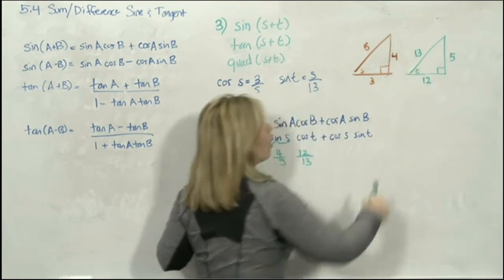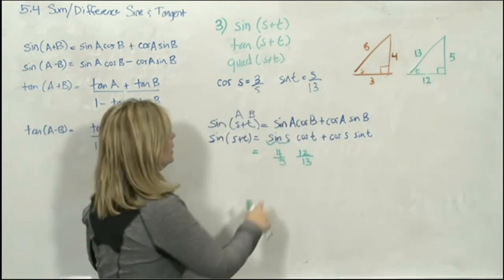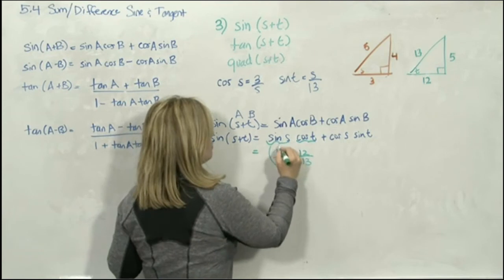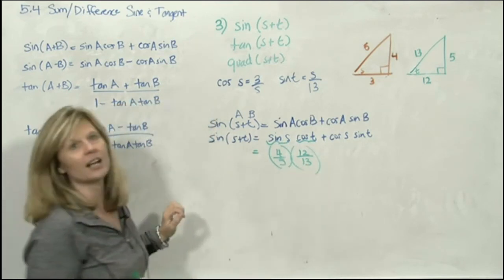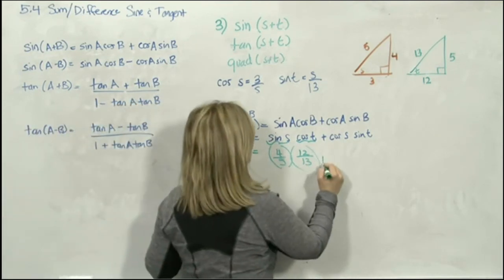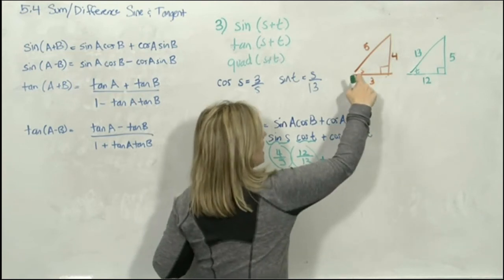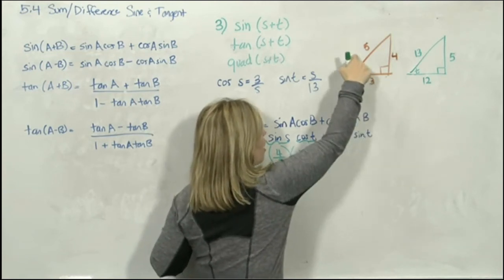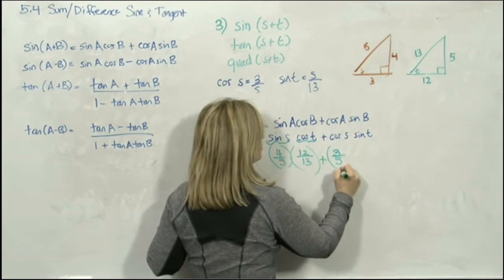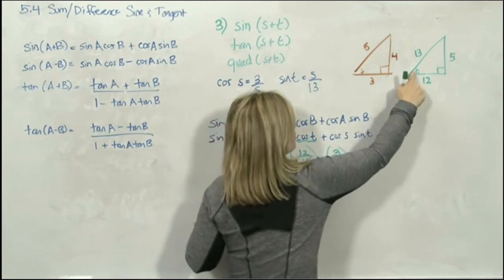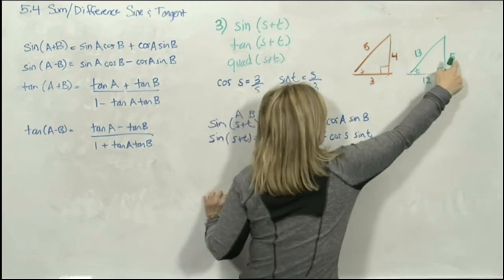Or x over r. I can use either definition. These two trig functions are side by side, so that means these fractions are connected by multiplication. Plus cosine s. Here's s. Cosine, x over r. Sine t. Here's t. Sine, y over r.